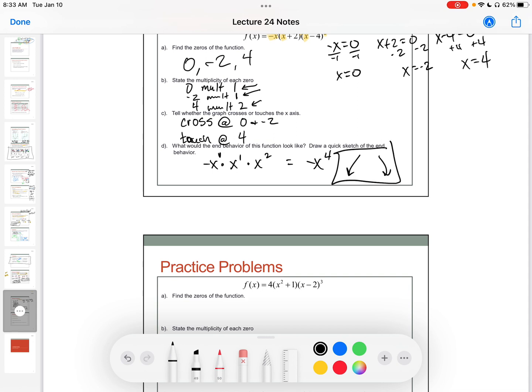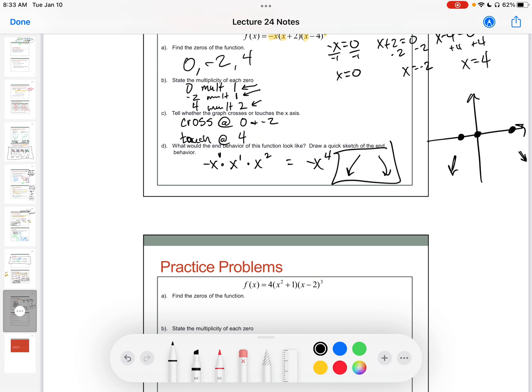Now, this is not required, but if you want to, you can draw a basic sketch of this. You draw a point at negative 2, at 0, and at 4. I know that my end behavior starts down here and also finishes down here.